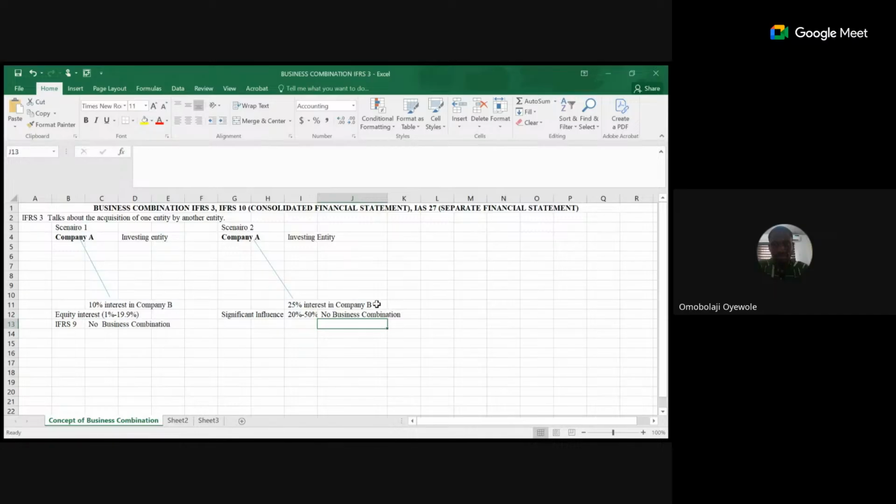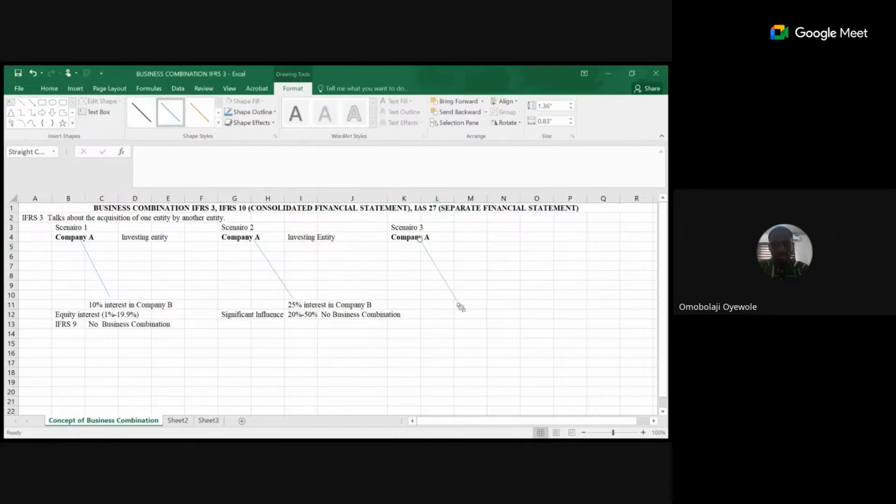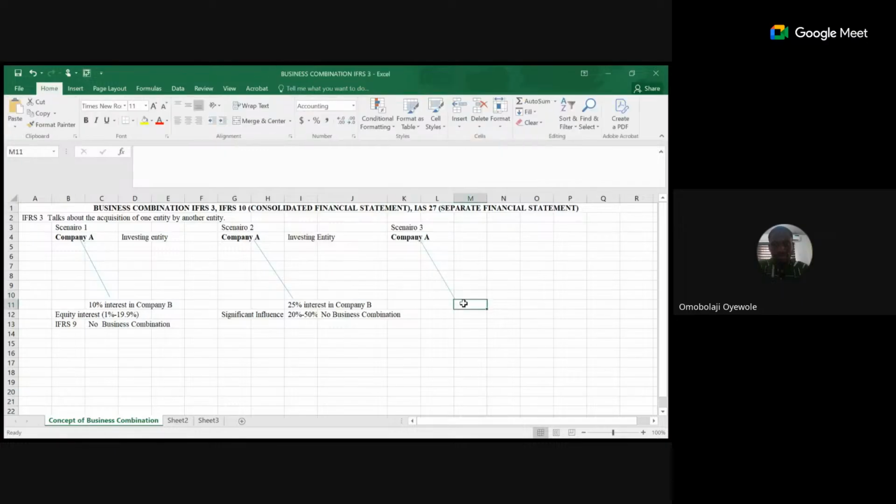So now scenario 3. In scenario 3, company A, same company A, acquires, still using the same scenario, company B. Company A acquires 50% guaranteed interest in company B. Now, what do we call this?